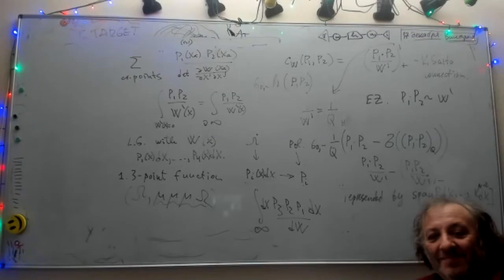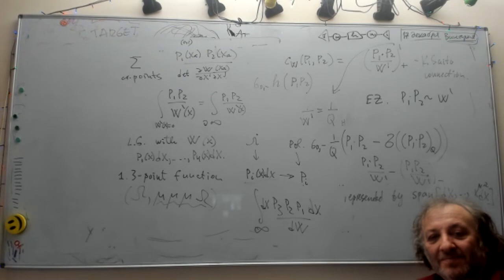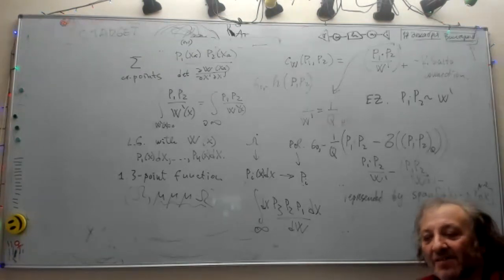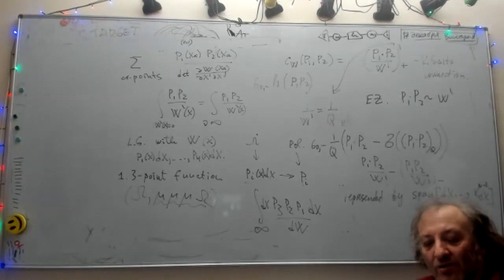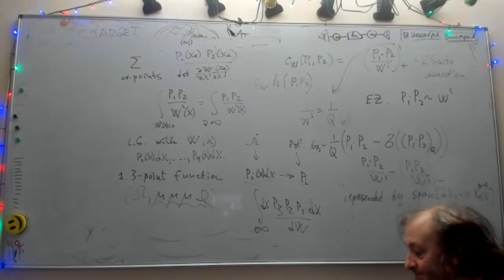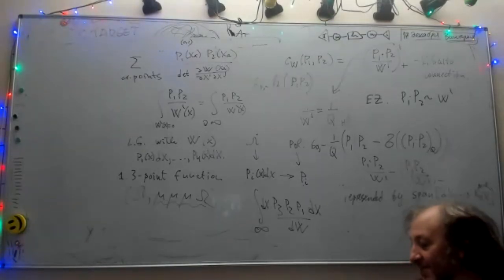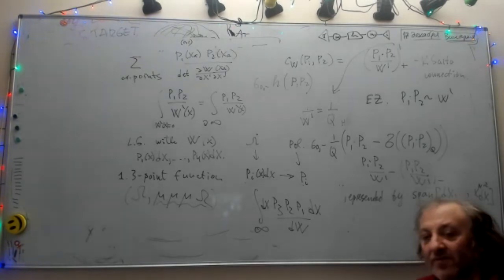Sorry. So you said how to get an A infinity. It's not A infinity, Sam. It is so-called, it is not even L infinity. It is Frobenius WDVV.